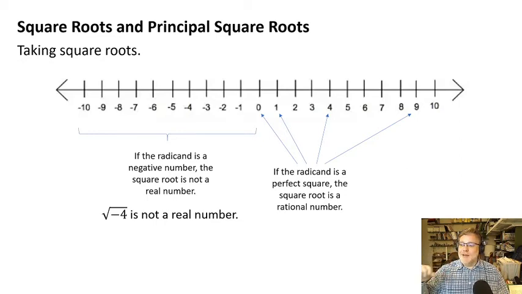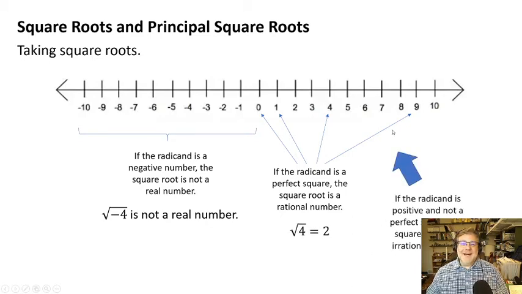You can describe this in terms of two whole numbers, one on top, one on bottom, as a ratio of those two numbers, as a fraction in which there's a whole number on top and a whole number on bottom. You can certainly do that with 9, with 4, with 1, 4 to 1. That's a pretty easy ratio there, 9 to 1, and so on. And so these are numbers that are rational numbers, and so we can describe any one of these square roots as a rational number.